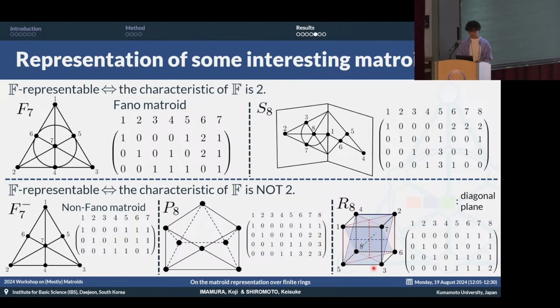Thus, it is obvious that the direct sum of one from above and another from below is not representable over any field. But in the case of Z4, all of them can be represented using matrices over Z4, and thus we can represent any direct sum of them, just like in the case of fields.